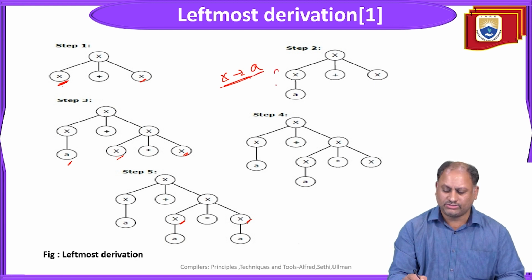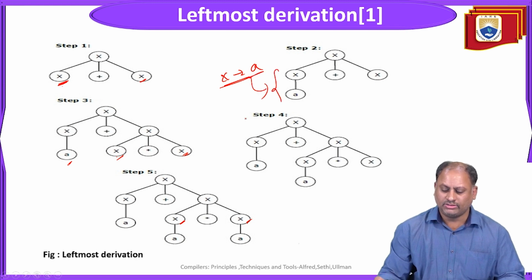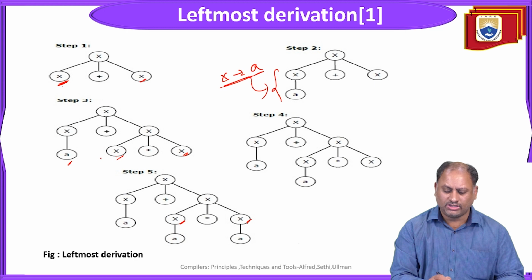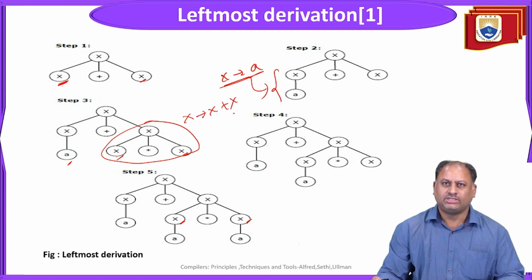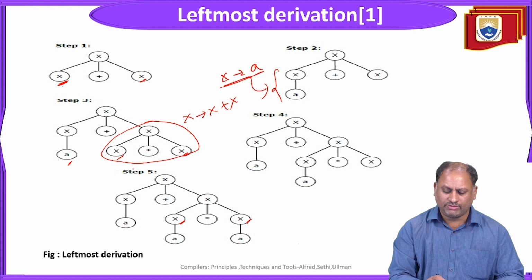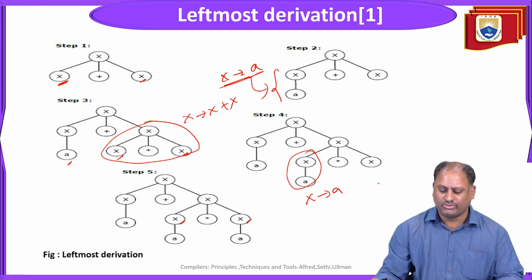So this portion is said to be the leftmost derivation evaluation. And then from this, step 3 is generated with the help of this subtree. This subtree is x derives x plus x. Then after step 3 is obtained, the leftmost non-terminal is evaluated, that is x derives a, which is step 4.